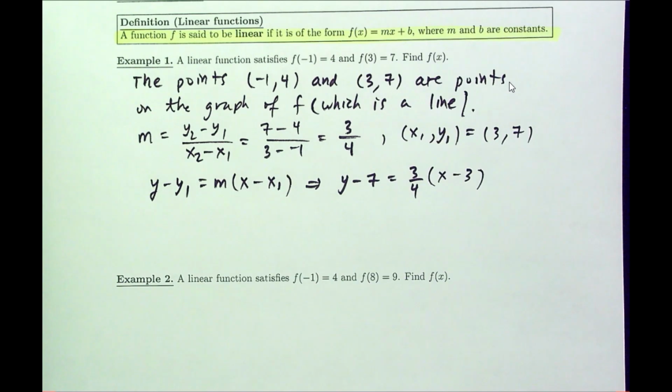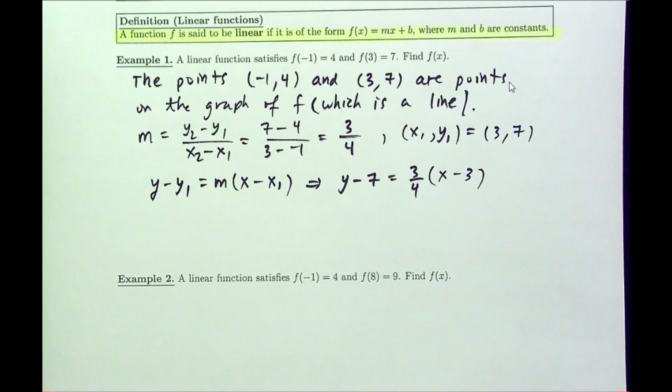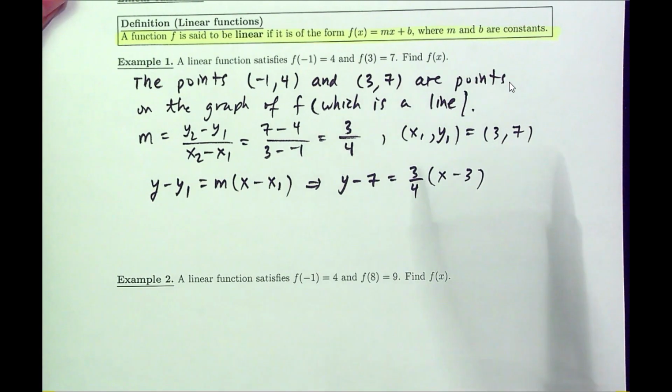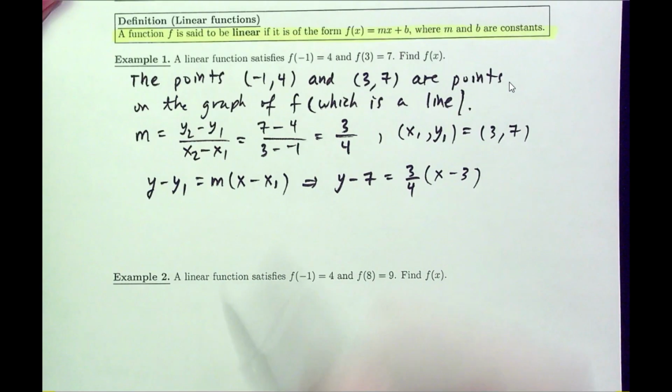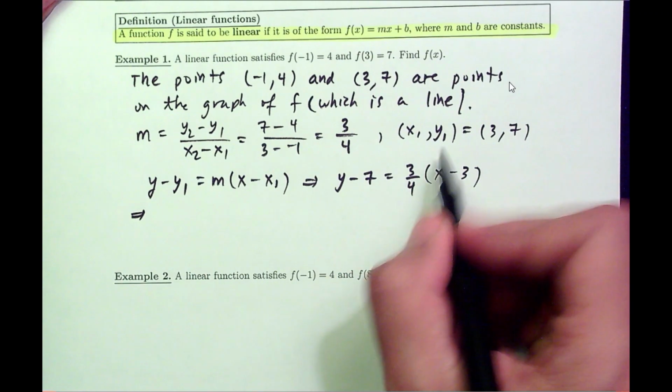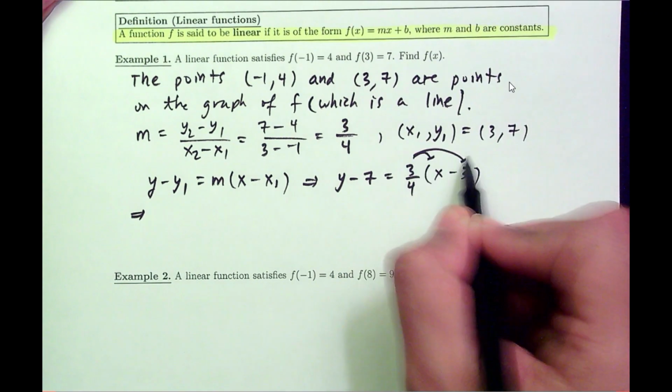Okay, so that's the equation, and now we're just going to put it in the usual form, which is y equals mx plus b, and then the mx plus b part is what f of x is. So let's do that. Distribute here and move the 7.